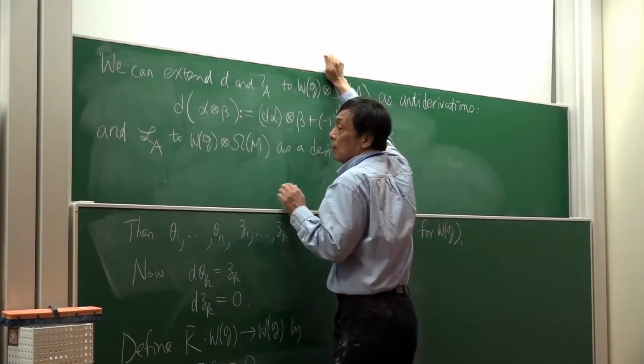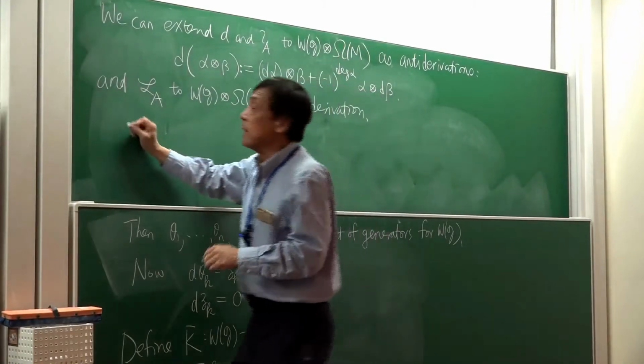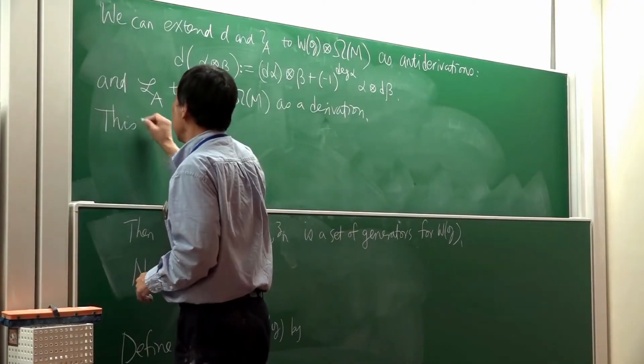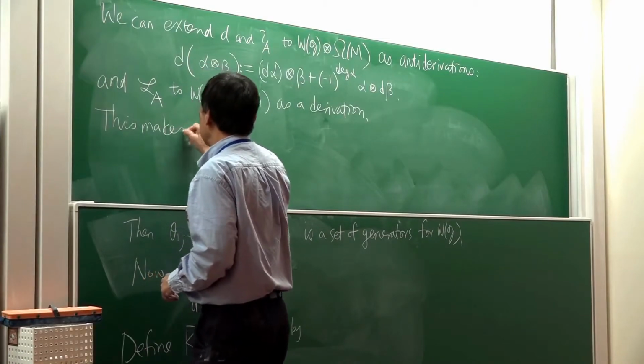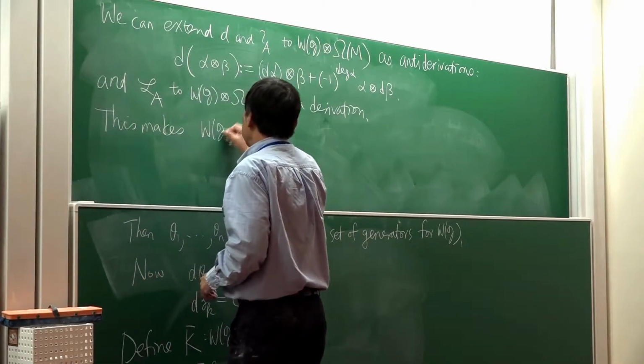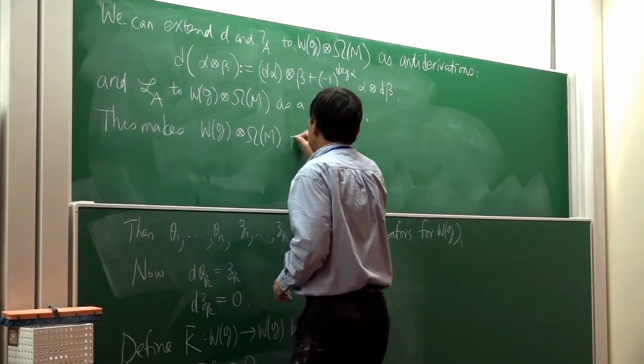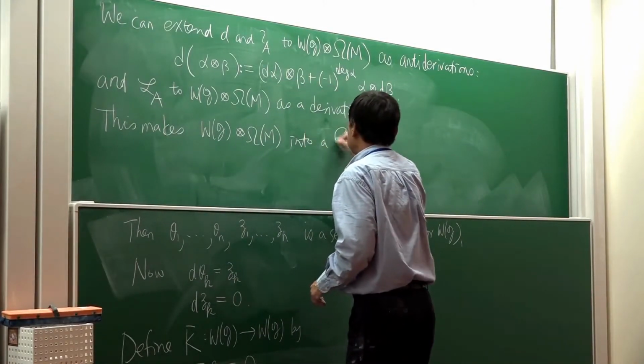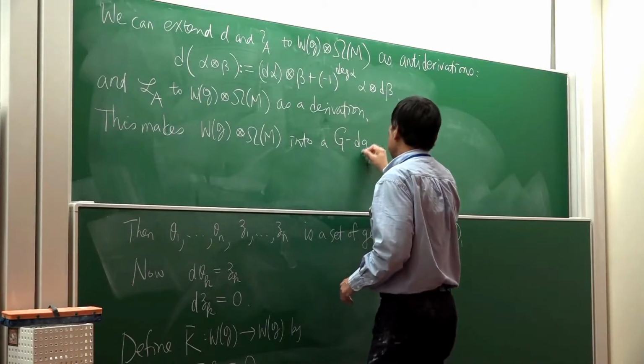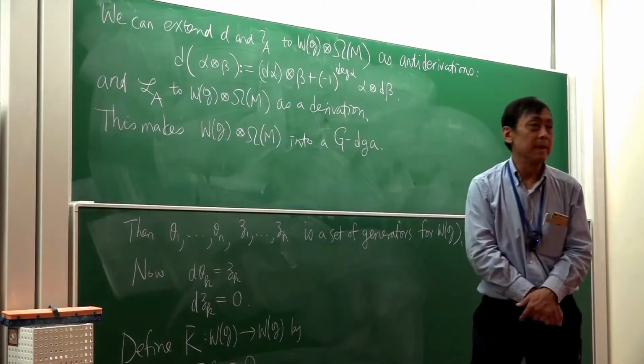Okay, so this makes WG tensor with Omega M into a G differential graded algebra. Okay.